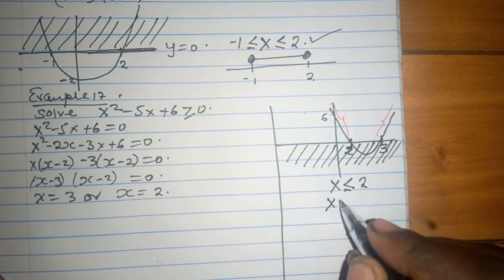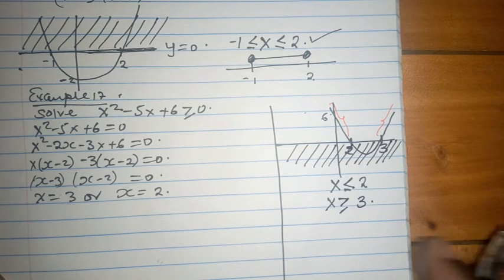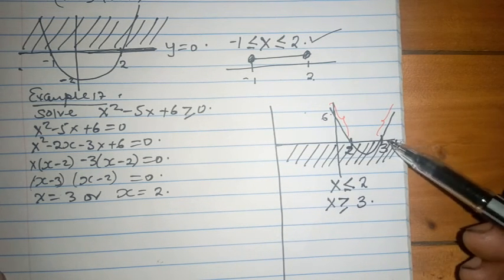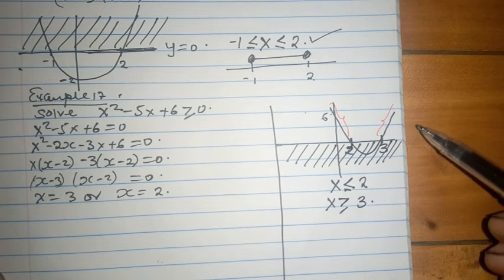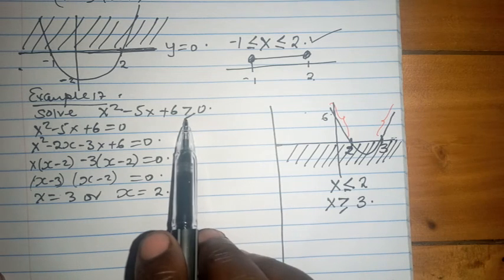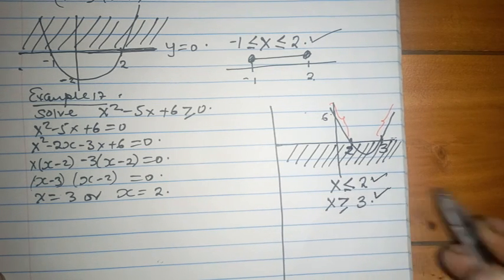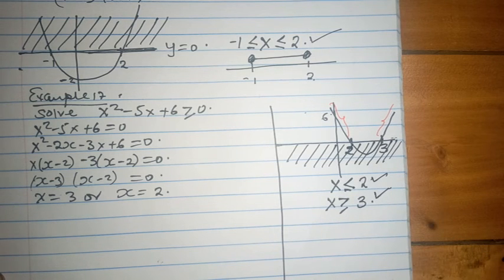For the other one, x has to be greater than or equal to 3 for the whole of that statement to make sense. You can see as x increases, y also increases. And because we want y to be greater than 0, those two inequalities make a lot of sense.